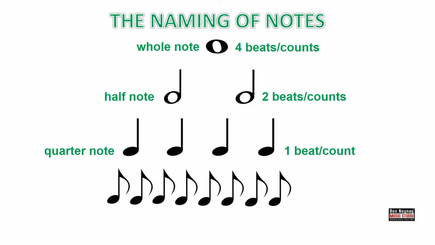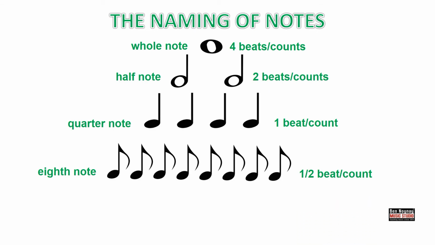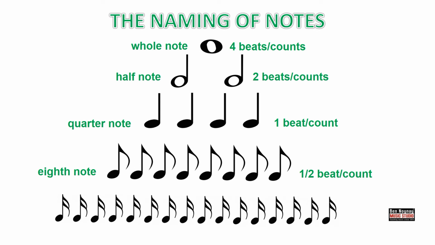The 8th note is called as such because its value is 1/8 of the whole note or 1/2 of 1 beat. And lastly, the 16th note is called as such because its value is 1/16 of the whole note or 1/4 of 1 beat.